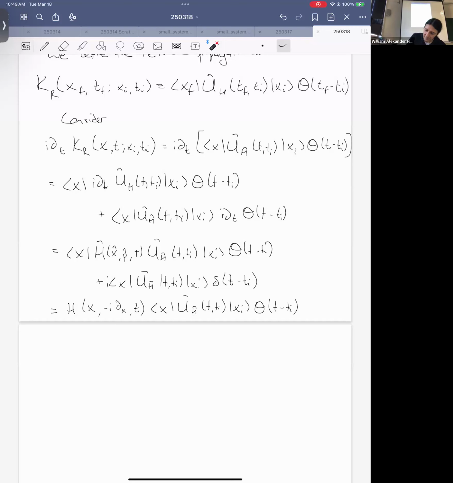And then in the second term, because I have this Dirac delta t minus t initial, this t might as well be a t initial. And then the time evolution from t initial to t initial is just unity.